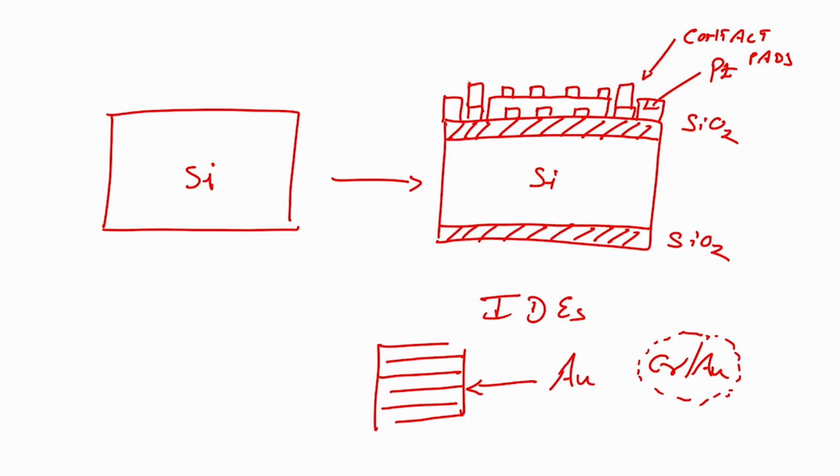Why am I depositing metal on metal here? Because these are contact pads, and the thicker the contact pad the better, because it will have an ohmic contact versus a rectifying contact.